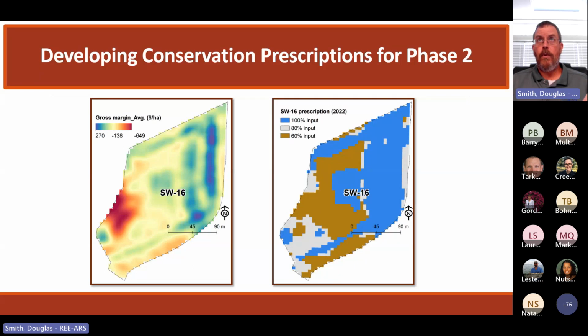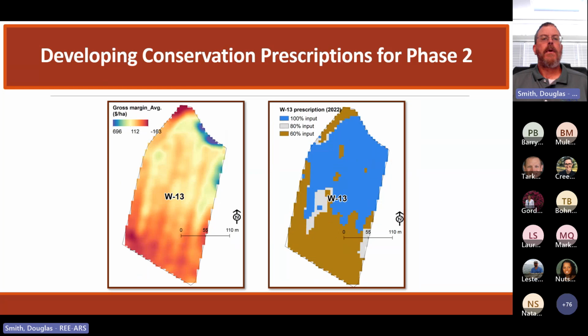And then the low yield, low variability, so stable at being low yielding, it's at 60% of the crop inputs. We did the same thing for this field here, W13. In 2 fields, that zone D, we completely eliminated crop production in that zone D.